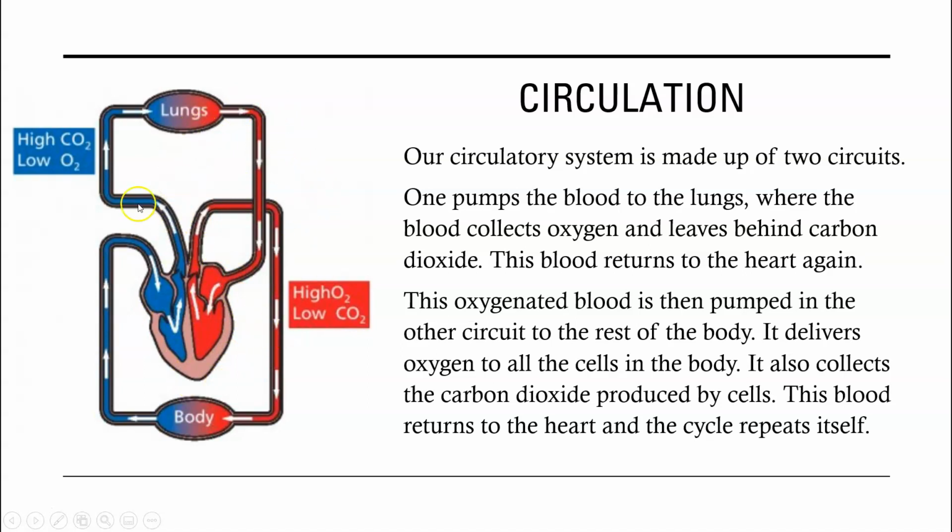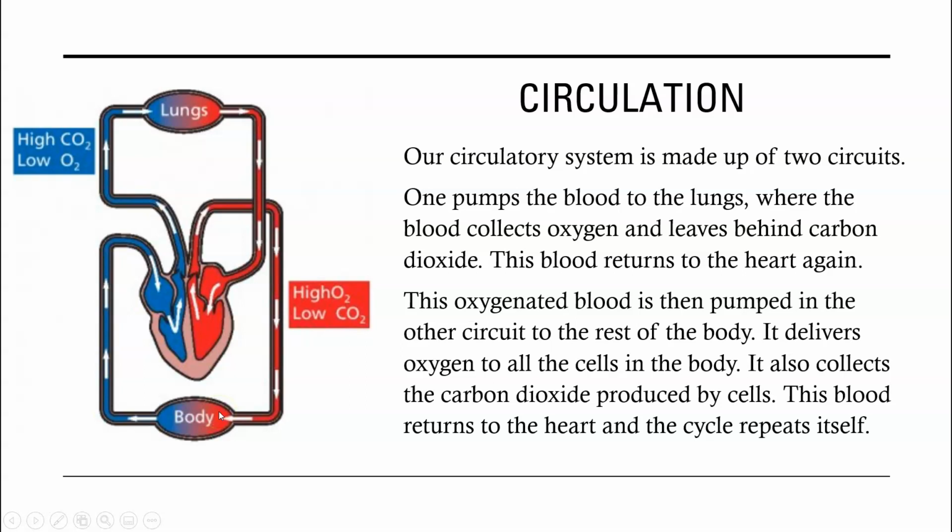Okay, so if you have a look at the smaller circuit first, we have deoxygenated blood pumped out of the heart all the way up into the lungs. Breathing then happens, and we breathe out carbon dioxide and breathe in oxygen, and this is then pumped back to the heart. It's then pumped through the heart and up and around, out to our whole body.